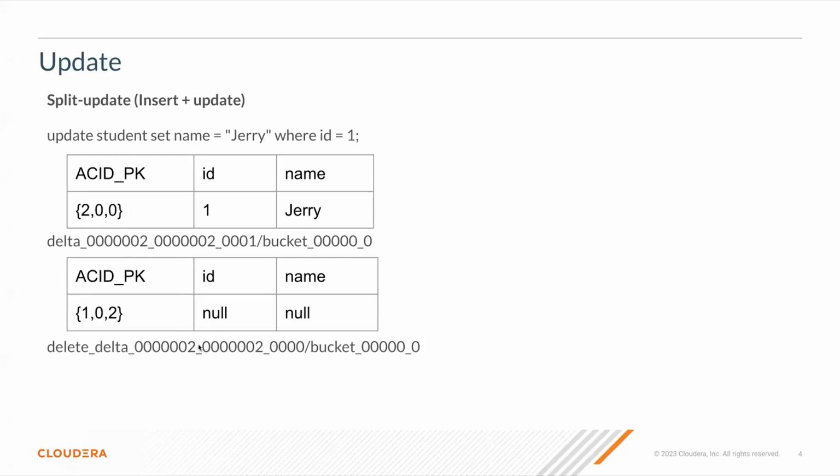Now, if this is happening very frequently in streaming data, it will be happening continuously, and there will be so many delta and delete delta files created. And when we try a select query, or when we read this table, the reading should be done on all the directories: delete delta directories, delta directories, and the base file directories if there are any.